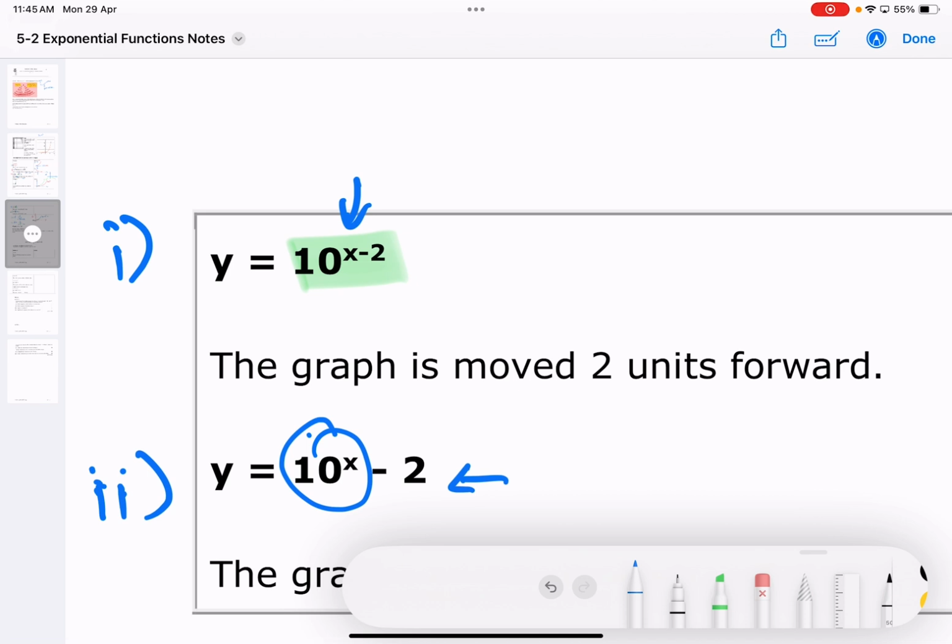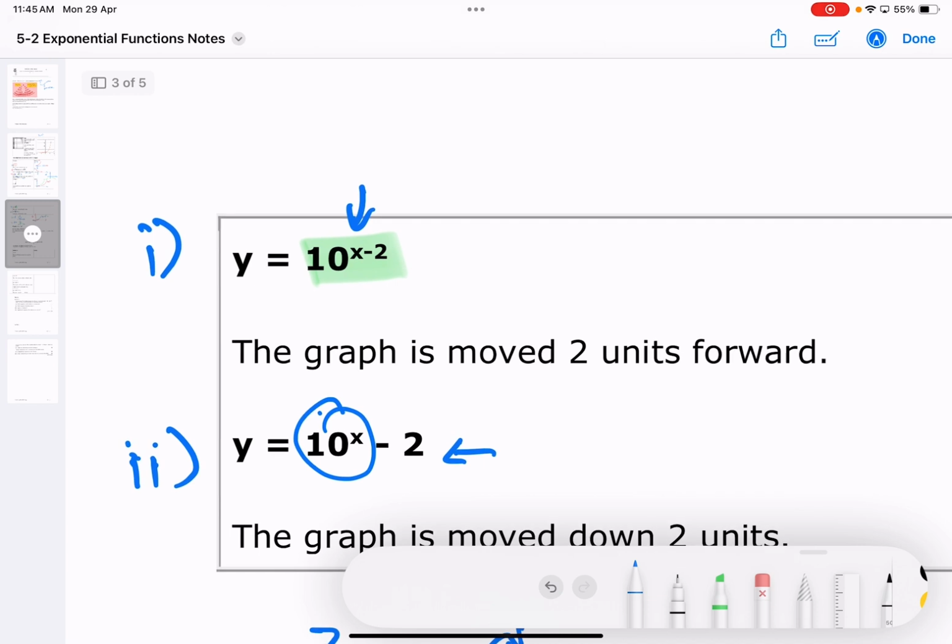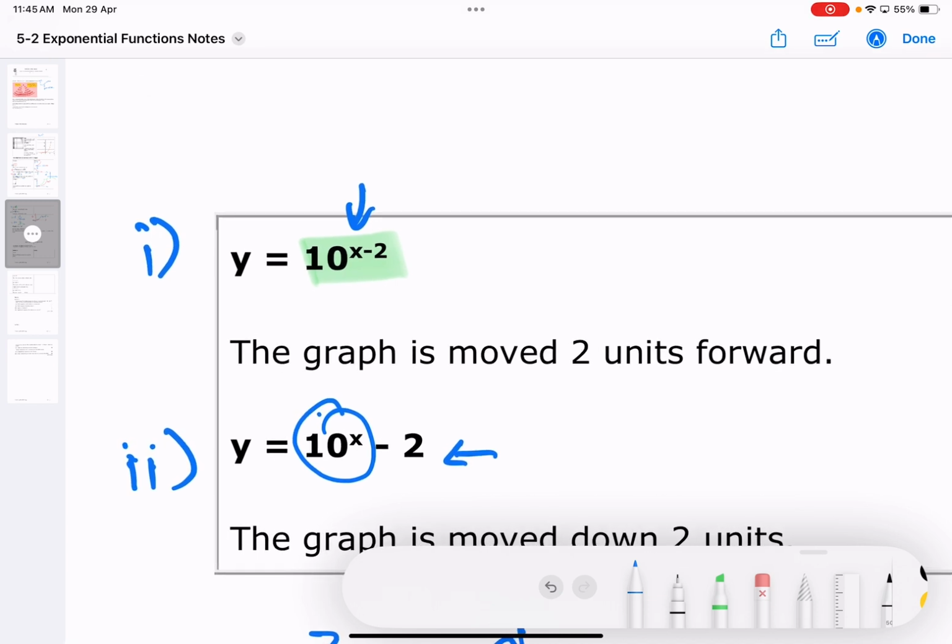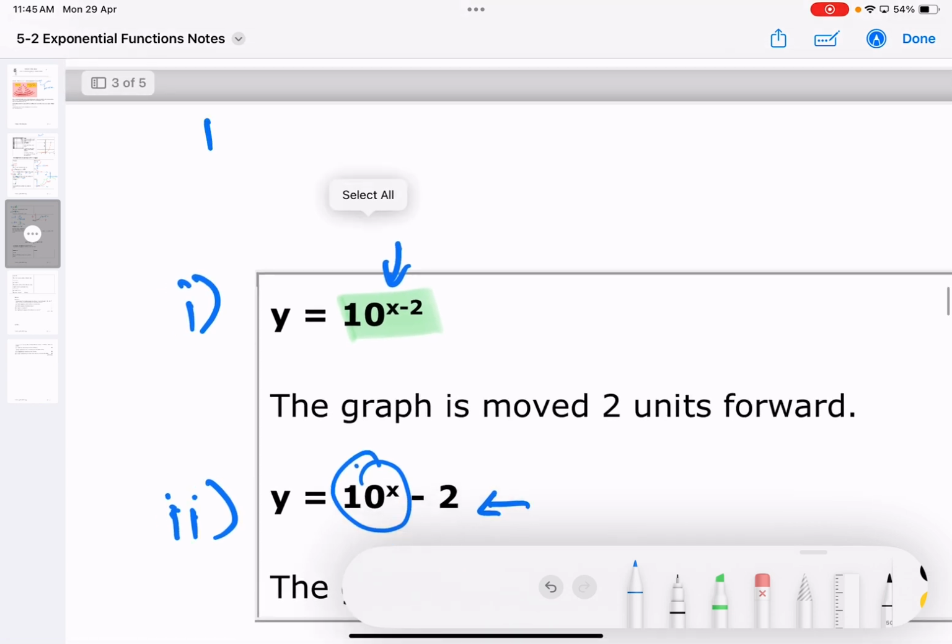Now, I know this one can get a little bit complicated, but usually what we call the main function is our parent function. So when I have examples like y equals a to the power of x, this is my parent function.